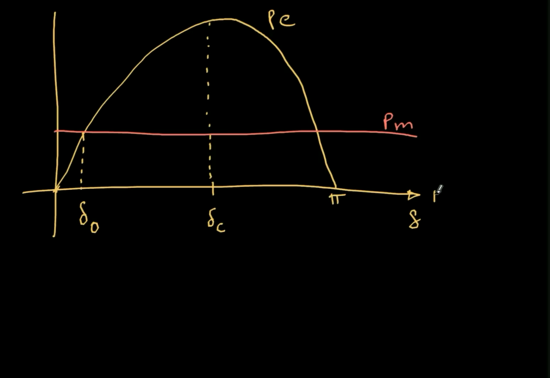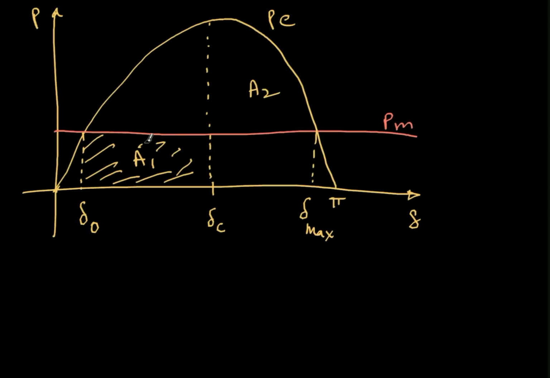This is the rotor angle, and this is the power. At this point I'll have delta max, and we are looking for a condition where this area is equal to this area.